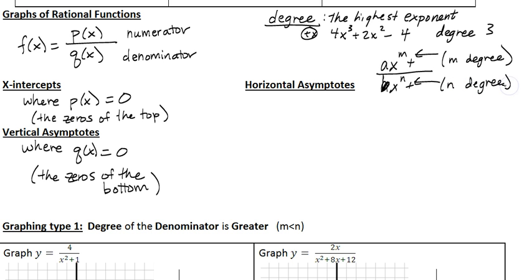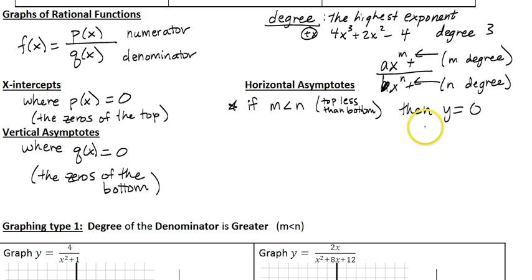So there's two things. If the top polynomial degree is less than the bottom, so the top degree is less than the bottom degree, then y equals 0 is the asymptote.